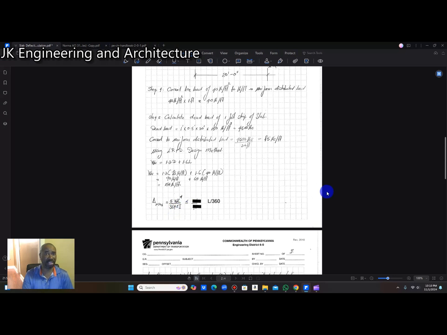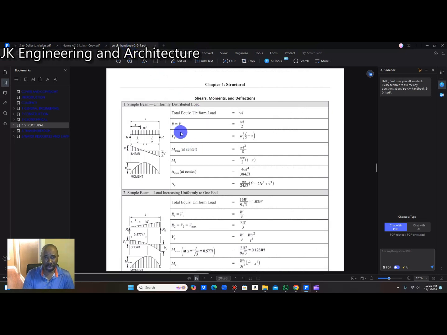I go to my civil engineering manual, and the slab or the beam has this description. It's a uniformly distributed load over it, and our shear force will look something like this, and our bending moment is going to look something like this. Therefore our maximum deflection is going to equal 5wL to the fourth divided by 384EI. That's where I get this formula from.